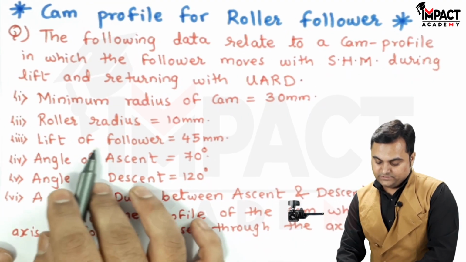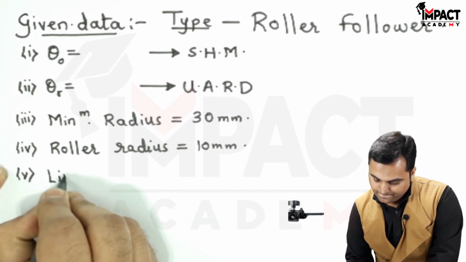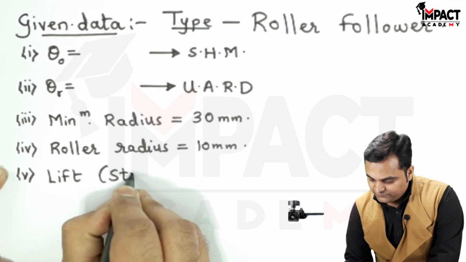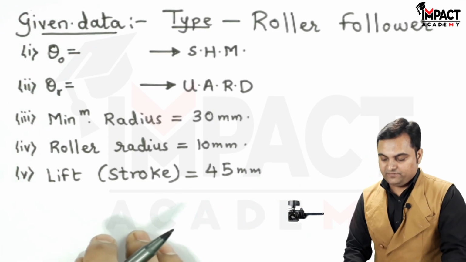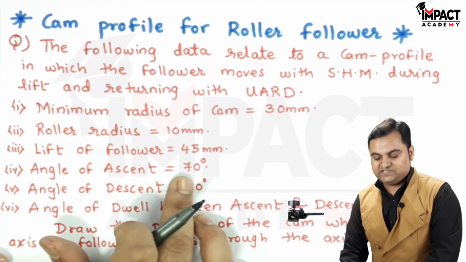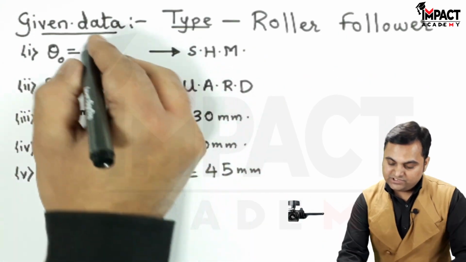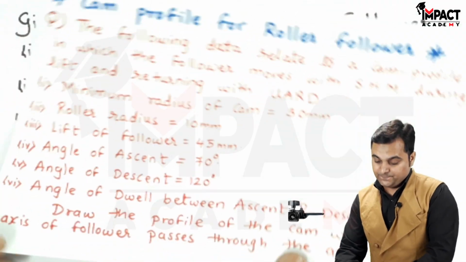Then the lift of the follower is 45 mm. Lift, also called stroke, is 45 mm. Then the angle of ascent is 70 degrees, which is nothing but the outstroke with S.H.M. as mentioned.